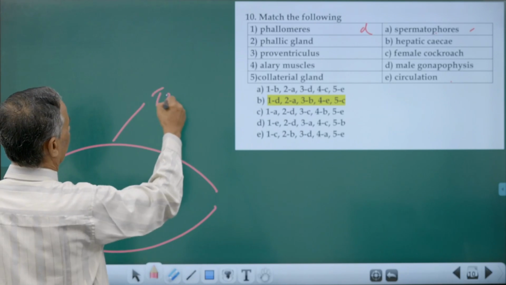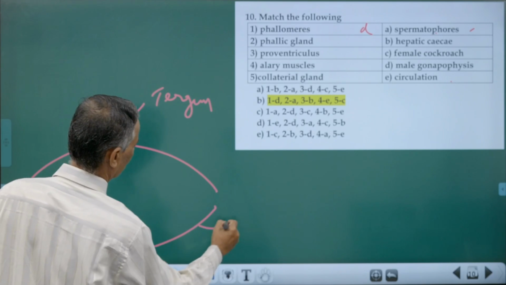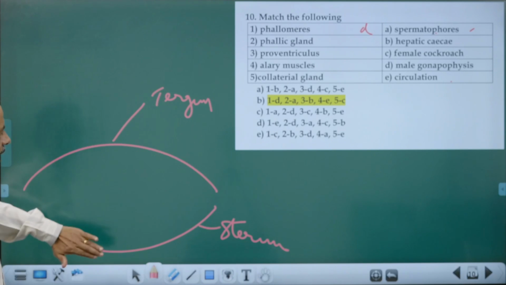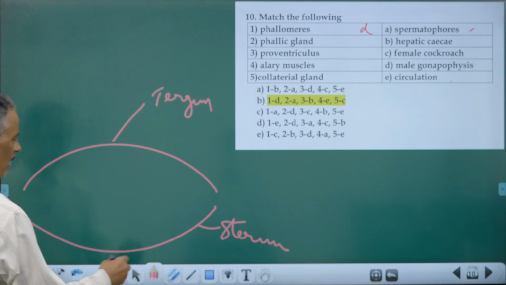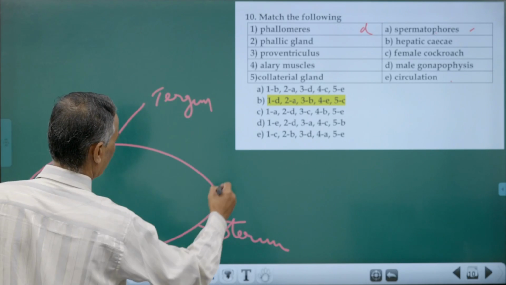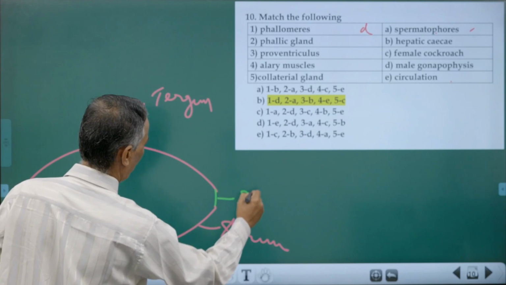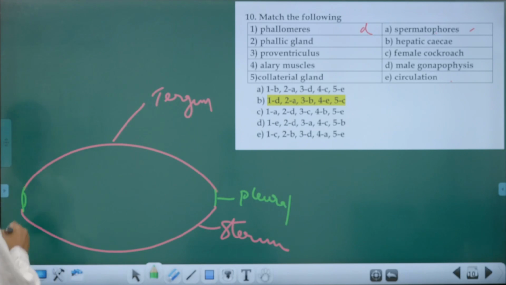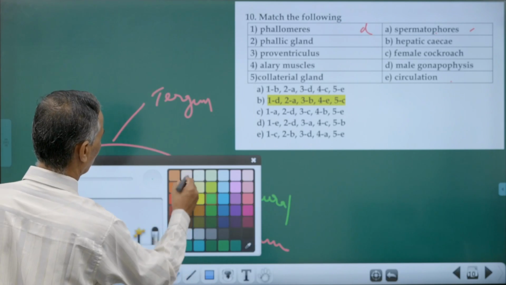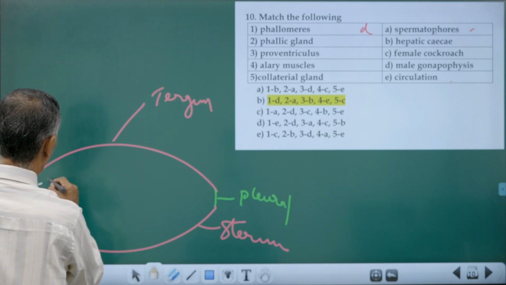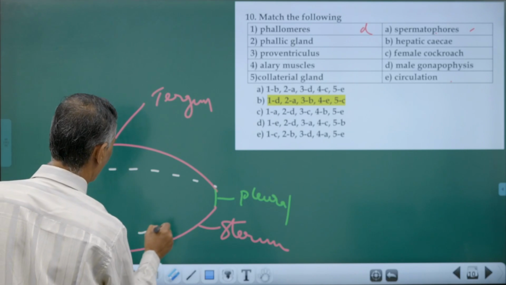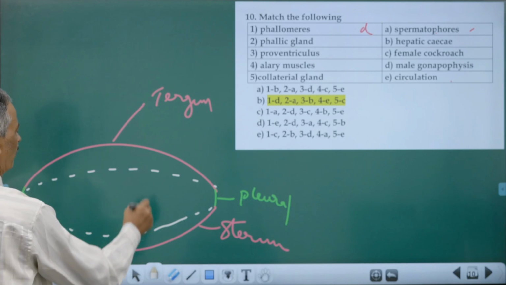This is the tergal plate and this is the sternum, exoskeletal plates of the dorsal side and ventral side. Okay. They are all laterally connected together by the pleura. This is the pleural membrane. In the pleural membrane, you have the spiracle. And the whole cavity of the body is divided into 3 blood-filled spaces called sinuses with the help of 2 membranes.